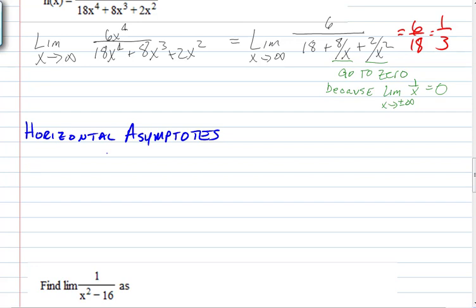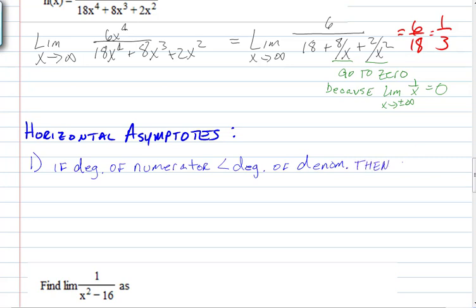Number 1. If the degree of the numerator is less than the degree of the denominator, then the horizontal asymptote is at y equals 0.